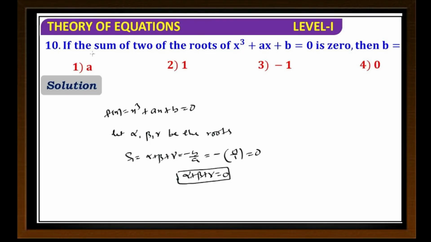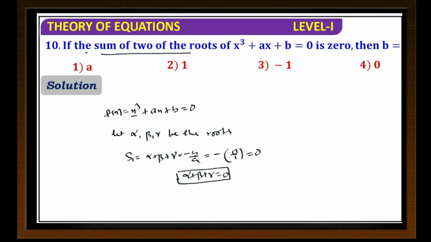Now question number 10. If the sum of two of the roots is 0, then find the value of b. Given f of x equals x cube plus ax plus b, let alpha, beta, gamma be the roots. S1, the sum of the roots alpha plus beta plus gamma, is minus b by a. So a is the x cube coefficient, 1, b the x square coefficient is 0, c the x coefficient, and d is a constant.